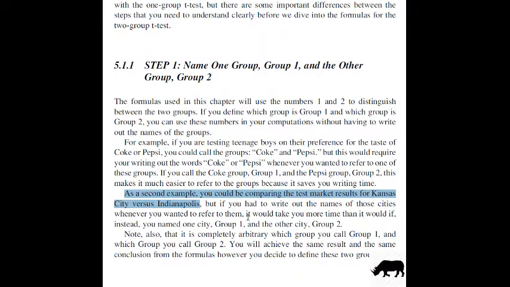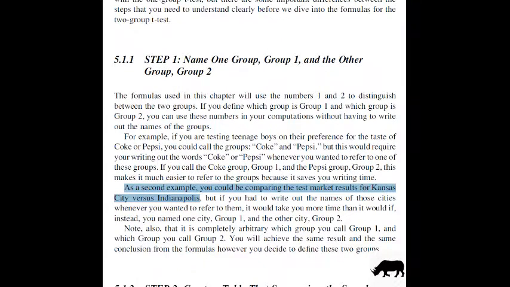As a second example, you could be comparing the test market results for Kansas City versus Indianapolis. But if you had to write out the names of those cities whenever you wanted to refer to them, it would take you more time than it would if, instead, you named one city, Group 1, and the other city, Group 2.